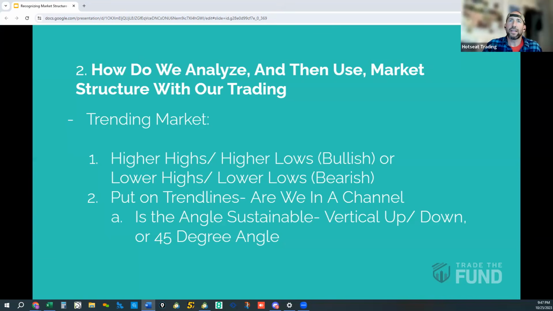If there's a news event that brings that trend line vertically up or vertically down in an unsustainable angle, that is a lot different than a trend line that has been set up and that is working itself all the way down or all the way up the chart. A lot of times we'll find a consistent trend line at about a 45-degree angle.